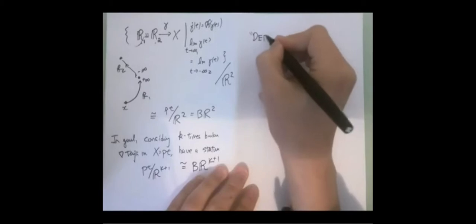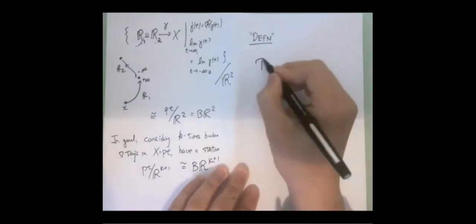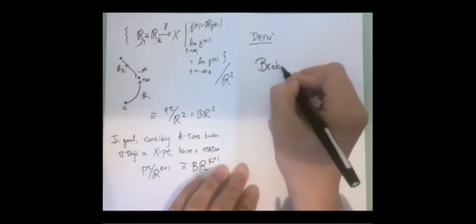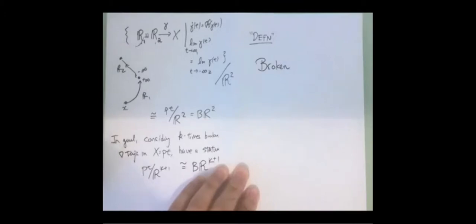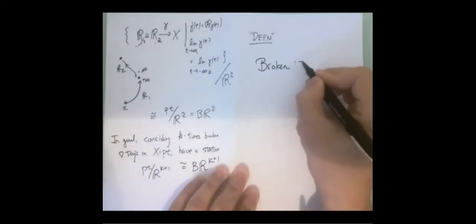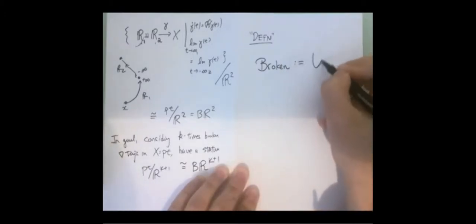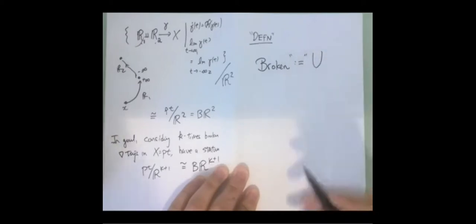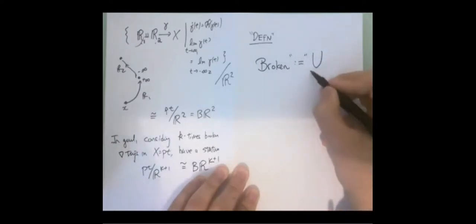So this is not really a definition because a stratified space isn't defined by its strata, it's defined by how the strata are glued. But let me just say that the stack that I'd like to talk about today is a stack that Jacob and I have called broken. And again, this is not a definition because I haven't told you how to glue the strata together. I'll give you a rigorous definition as the lecture goes on.